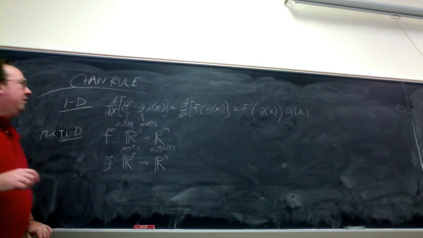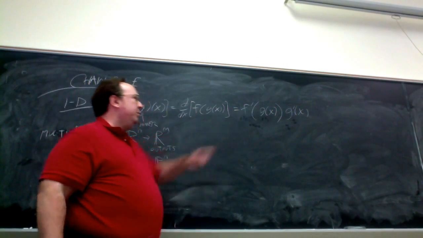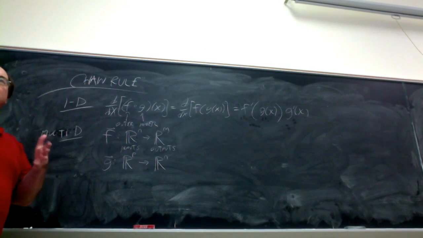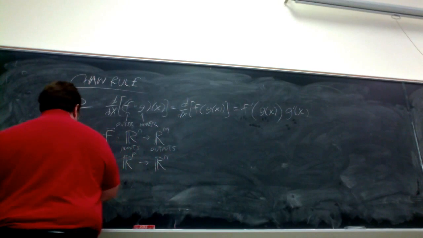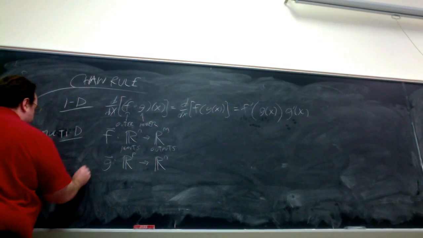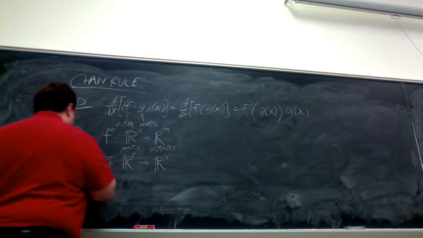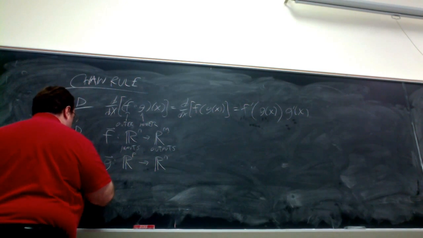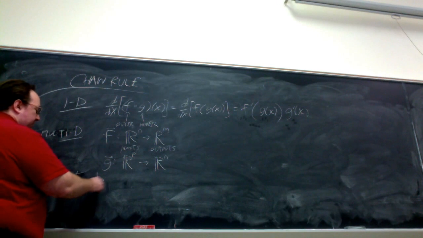Now, the way I can describe the multivariable chain rule is almost exactly the same as the single variable case. I just have to help you understand the notation that's used. First, instead of f prime and g prime, which we don't have anymore because, as I've said many times, prime doesn't really make sense in a multivariable situation, you have what is called a Jacobian matrix of f.